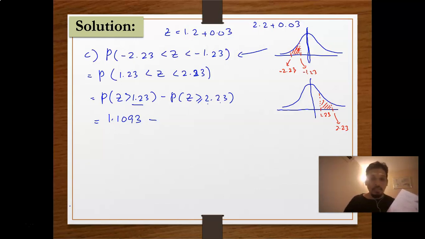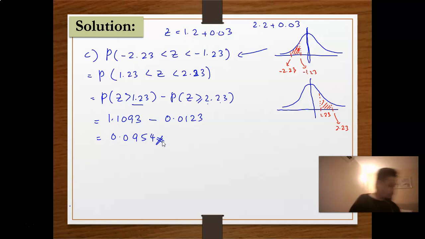So it is 0.1093 minus 0.0129, equal to 0.0954.